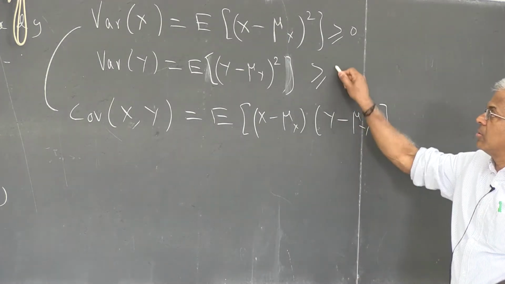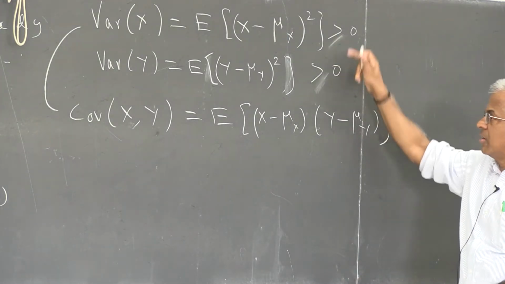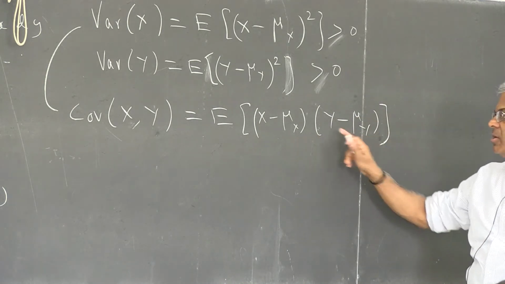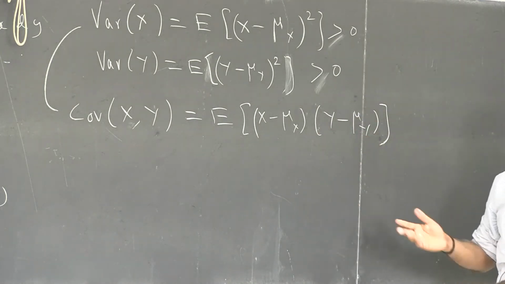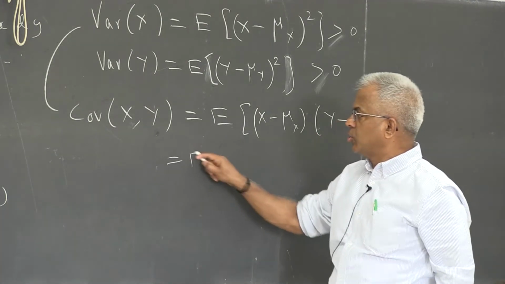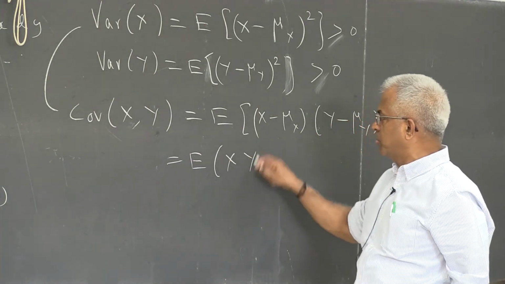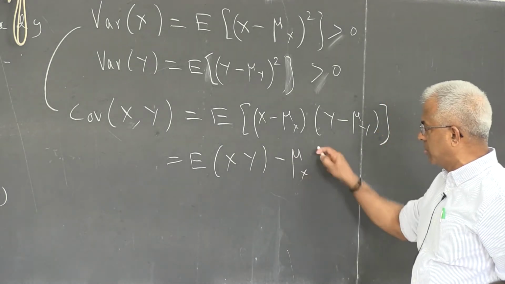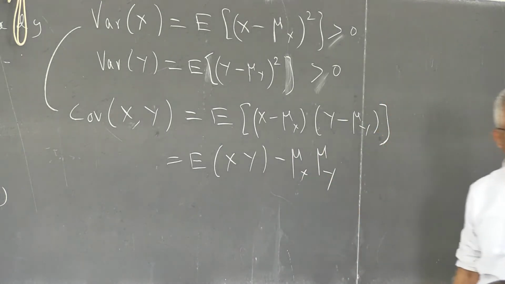The variances are definitely non-negative numbers, whereas here, since you are mixing this up, it could be positive or negative. Remember, we expanded this last time and showed that this is actually the expected value of xy minus mu x mu y, right?